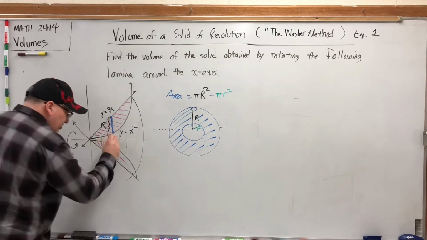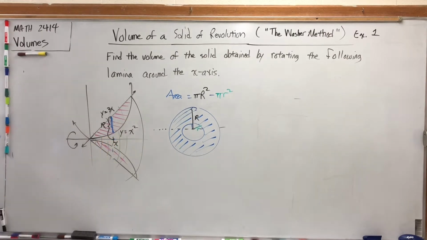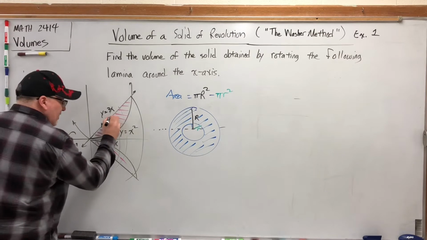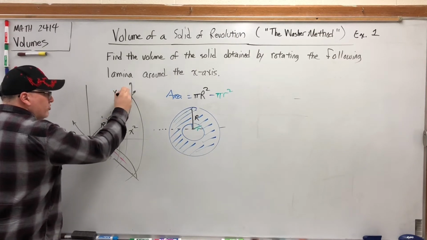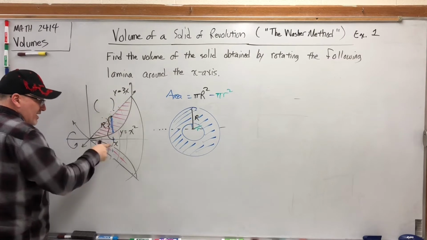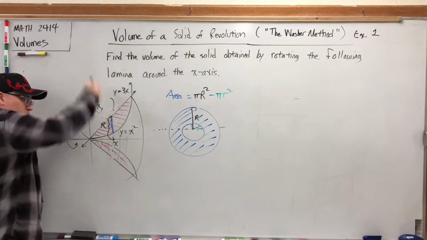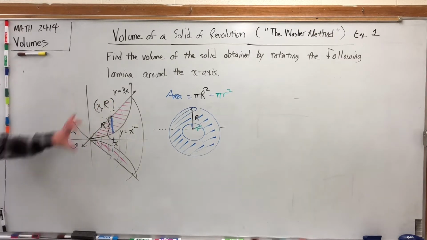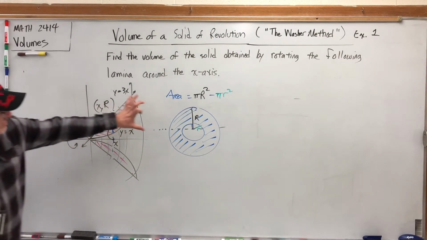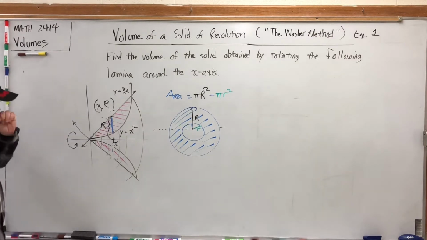If we cut this at some x value, on which graph does the big radius reside? And the answer is the one on the top. That means that this point up here on the graph of y equals 3x would be x, the x coordinate at which we cut the cross section, comma capital R, the outer radius of that washer.